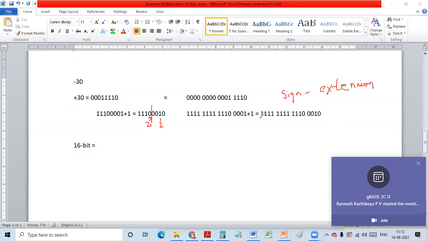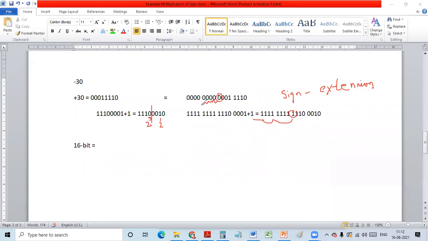In this case, my most significant bit is 0, so I extend it with all zeros. But here, my most significant bit is 1 because my number is minus 30, so it has to be extended with all ones.